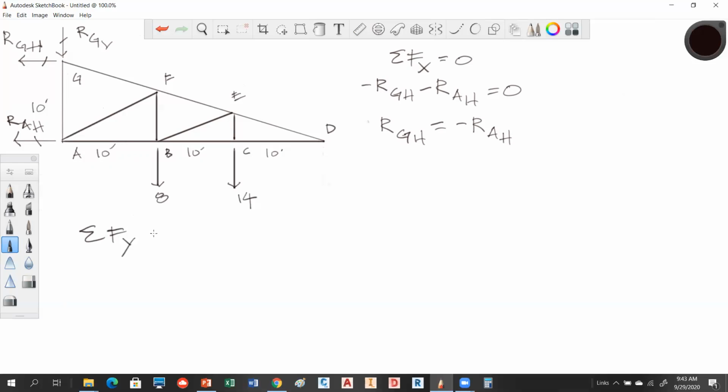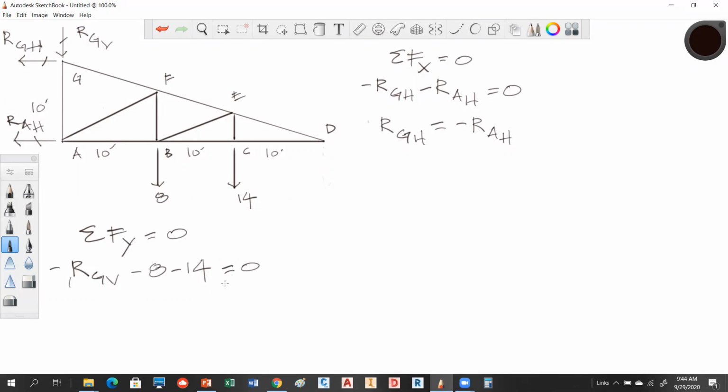Okay. So sum of forces in the Y have to equal 0. So we have indicated RGV going down, right? So that's a negative. Then we have minus 8 and minus 14. All of that's equal to 0, correct? Yeah. So what's happened here?